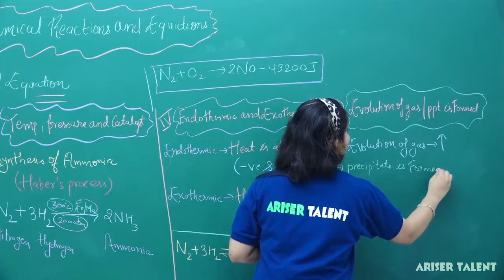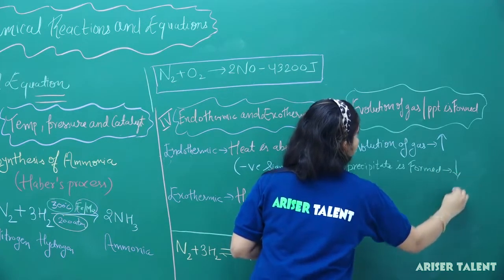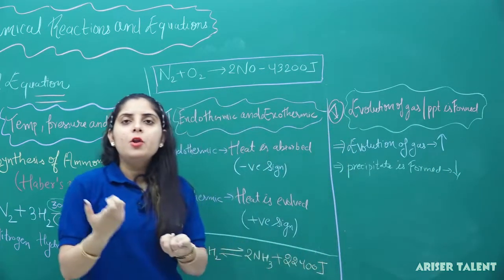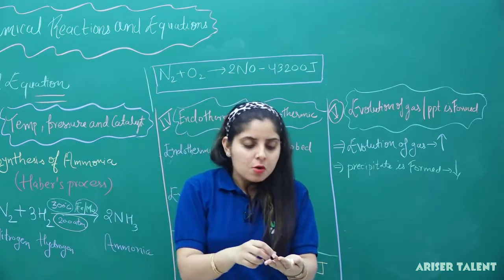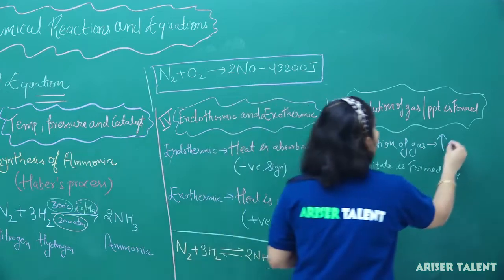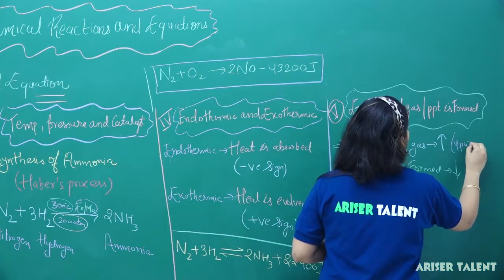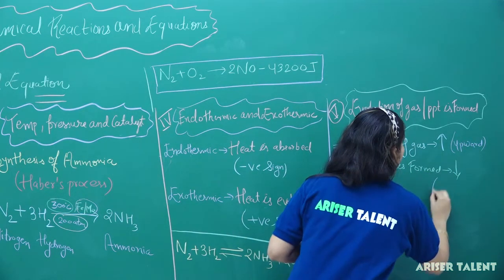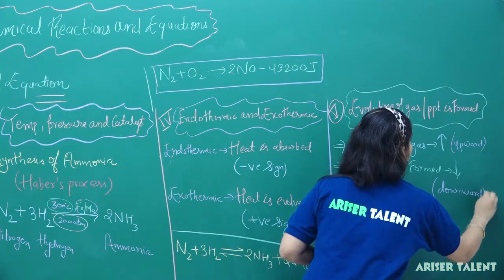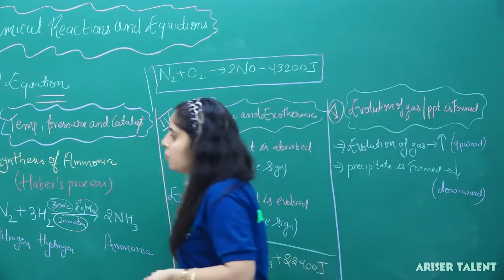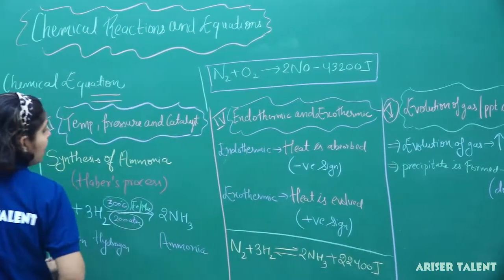We will indicate it by a downward arrow. So the upward arrow will show the evolution of the gas and the downward arrow will show the formation of precipitates. Now we will understand this with the help of an example.